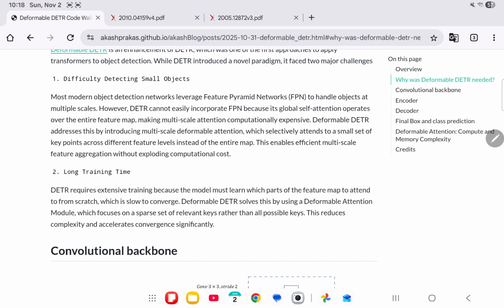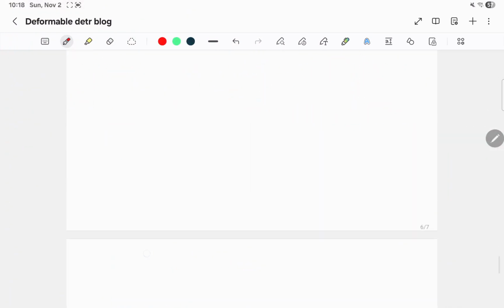Now on a top level, the architecture is very much similar to what is there in DETR. So there will be a convolutional backbone, and we will be using, say, C1, C2, C3, and C4, four layers from this convolutional backbone.